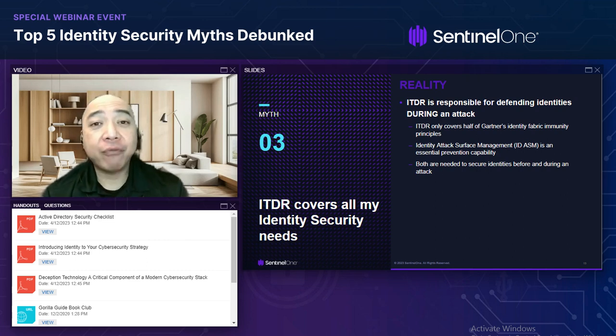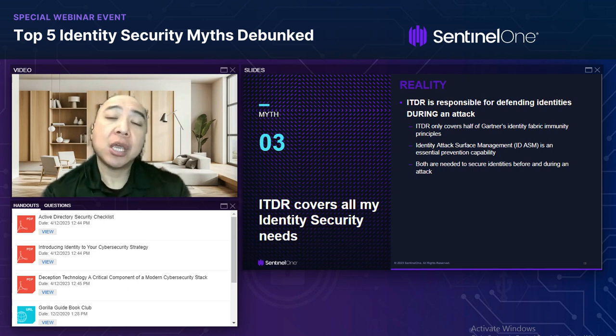Identity Threat Detection and Response is responsible for defending identities during an attack, right? It only covers half of what Gartner considers the identity fabric immunity principles, right? And if you're not familiar with that, please go ahead and read Gartner's report on it. Identity fabric immunity principles basically says you're going to prevent, detect, and respond to identity-based attacks or to attacks targeting the identity fabric.